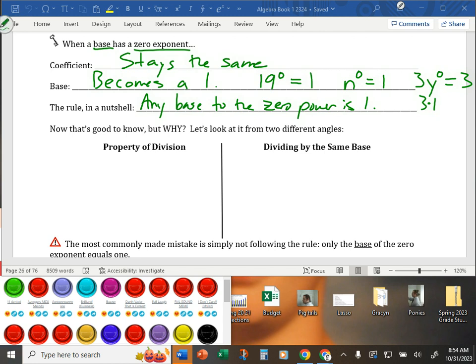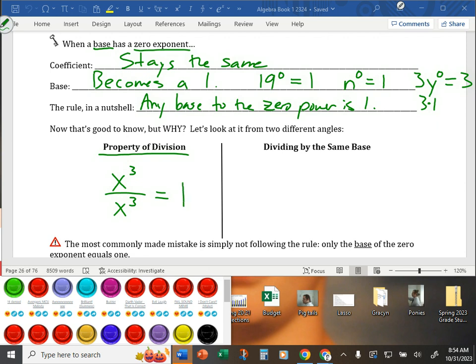Let's look at the property of division here. What is anything divided by itself? 1. So if we have x cubed over x cubed, even though we don't know what x equals, because it's something divided by itself, we know it has to equal 1.